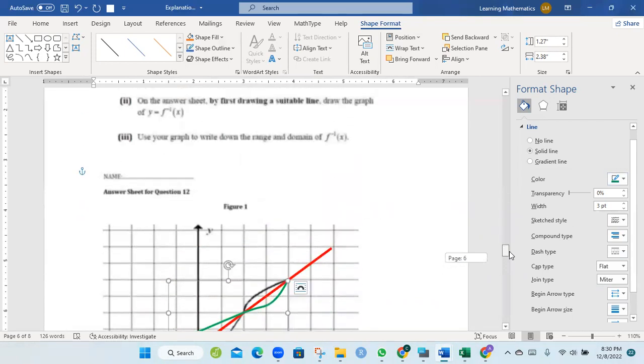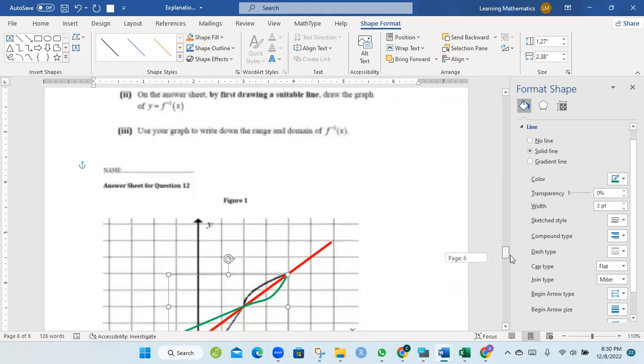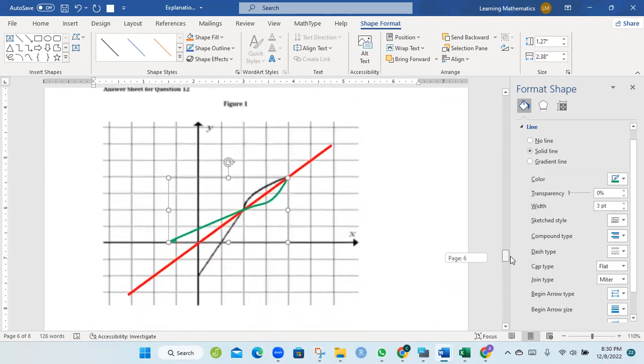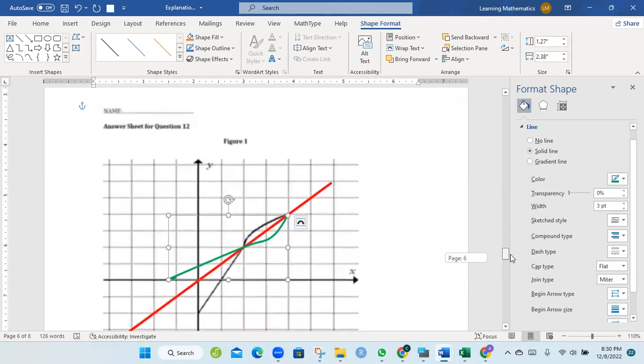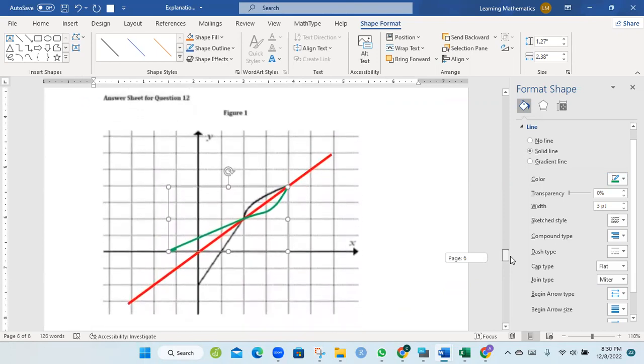So that'll be part 2. And part 3 says use your graph to write down the range and domain of f inverse of x. So the range and the domain, we can get it from the graph.